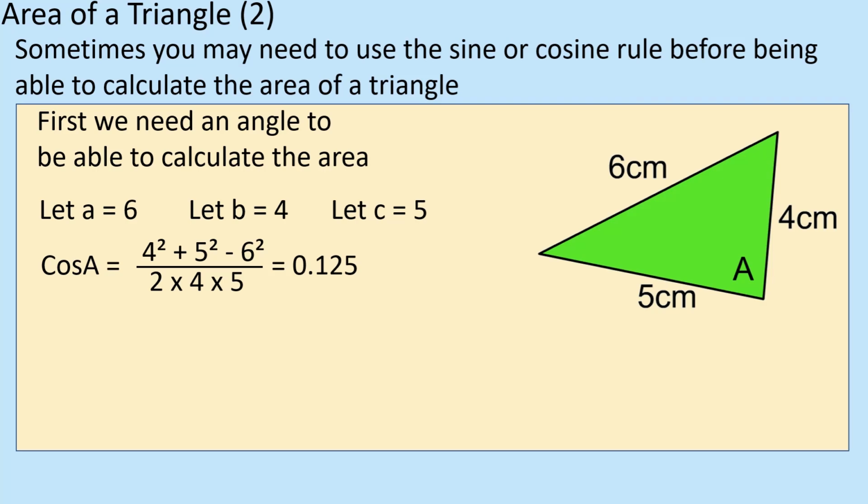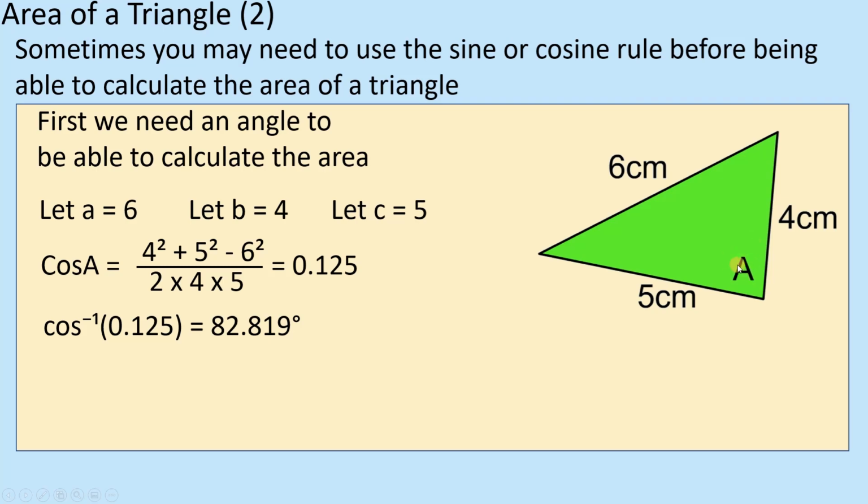So cos to the minus 1 of 0.125, and again, if you're not sure about cos to the minus 1, please look at the lessons on trigonometry, but essentially it's the inverse. If I've got cos A and I want an angle, I'll always put in my calculator cos to the minus 1 of whatever that is to get the angle itself, which gives me 82.819. Now that is the angle here.